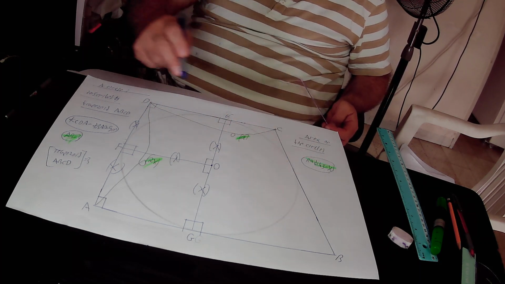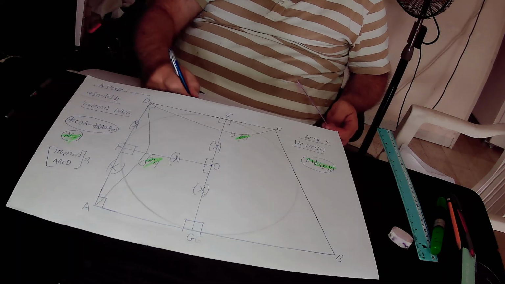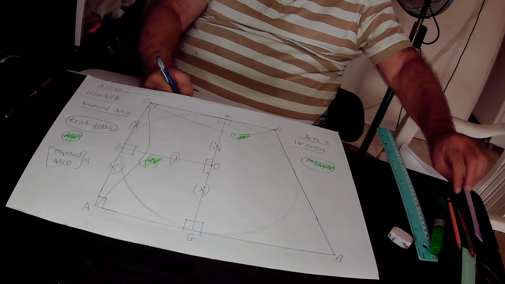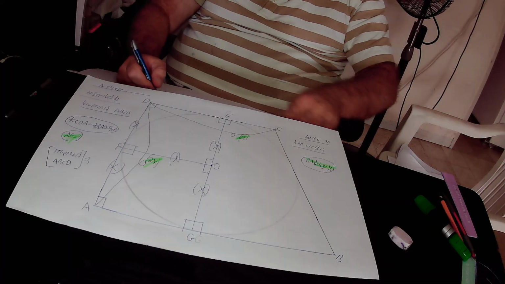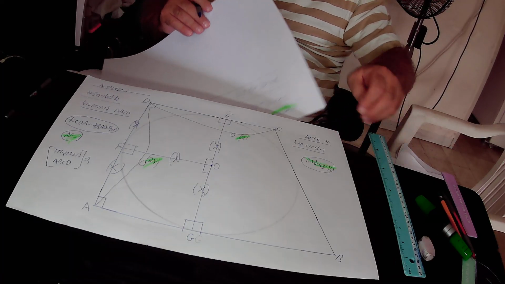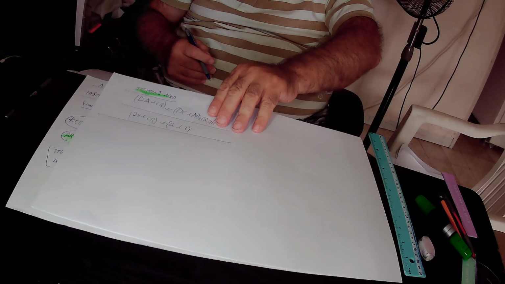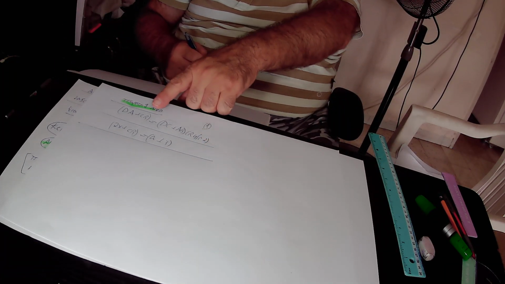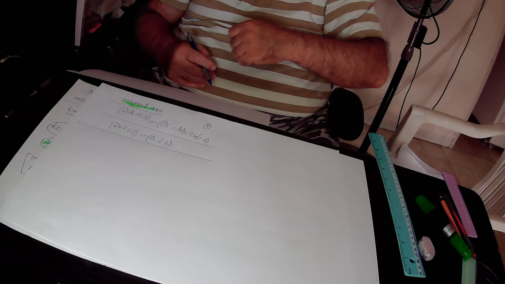AB equals 3 units in length, according to what is given in the question. So in total, I should find that 2x plus CB equals A plus 3.